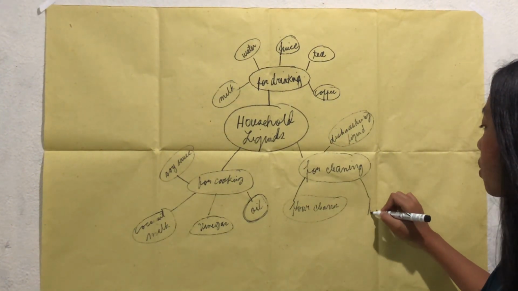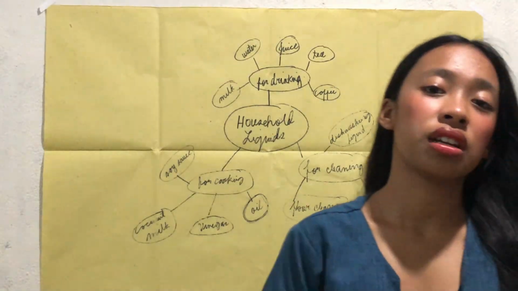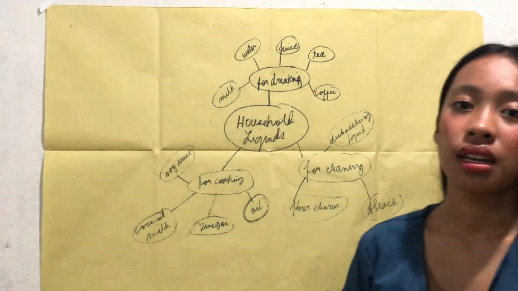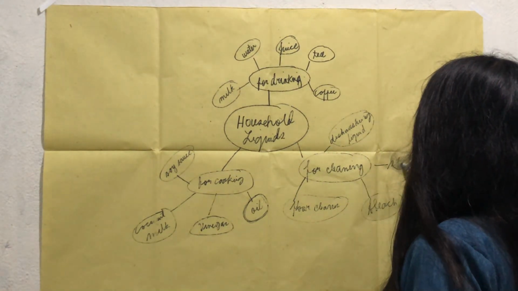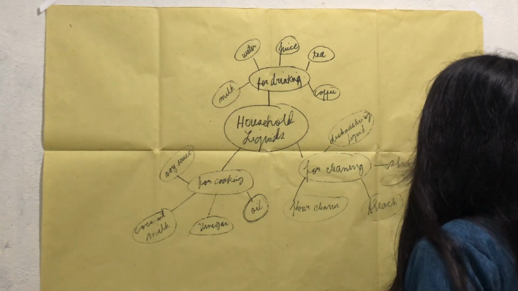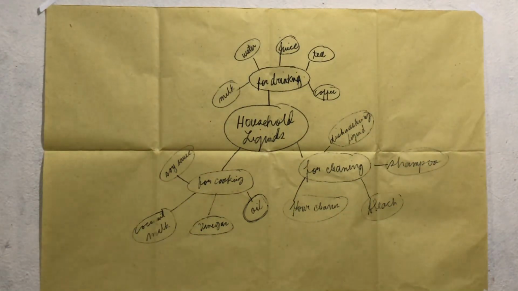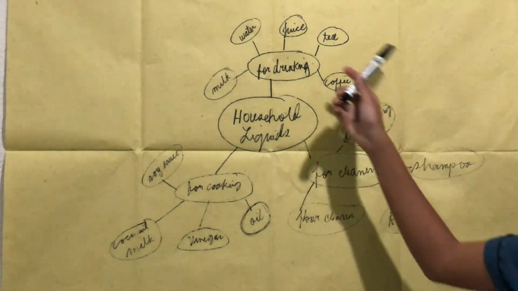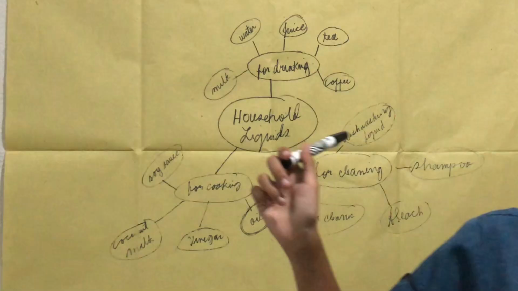Another is bleach. Give me another example. Shampoo. So this is our household liquids.